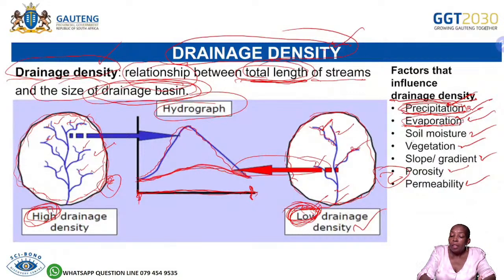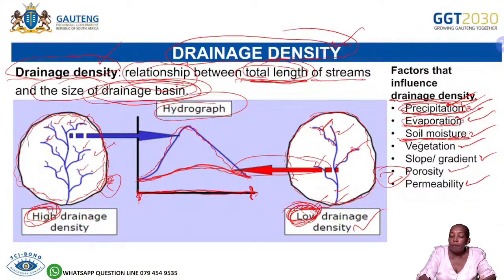Okay. Then the soil moisture. I have mentioned that in a period where we are experiencing high precipitation, continuous rainfall would result in soils being more saturated, meaning that there is more water content already in the soil.